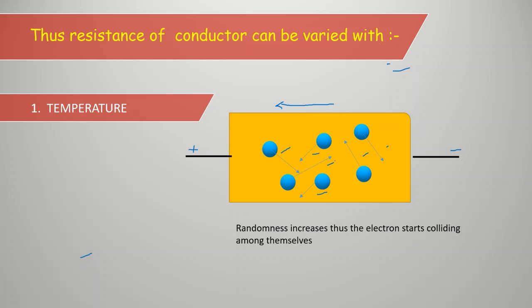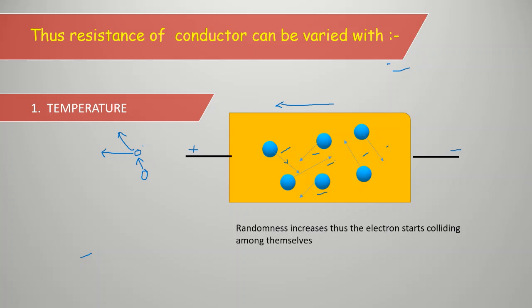But as we increase the temperature, this random motion increases, and thus by chance an electron has a tendency to move along this direction. Some other electron with its random motion is going to hit this electron, and the path of motion for this electron changes to another direction, which affects the flow of electrons, and it decreases the flow of current.